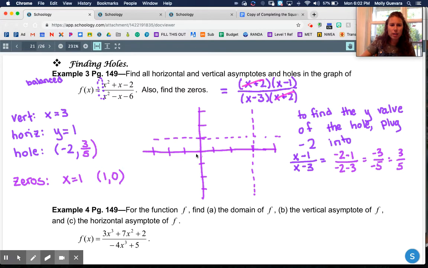I know that at negative 2, 3/5, so like here-ish, there's a hole. And then I know that it crosses the x-axis at 1, 0. So I can tell you that this graph is doing something like this. And we will get more precise with that, but just to show you where we're going with finding all of this information.